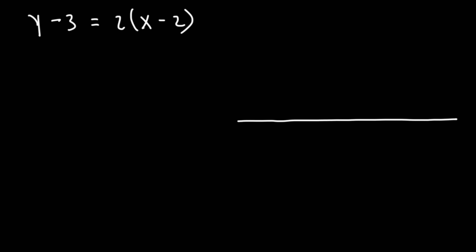Now what about an equation that is in point-slope form? Let's say we have y minus 3 is equal to 2 times x minus 2. How can we graph an equation in that form? Feel free to try that problem.